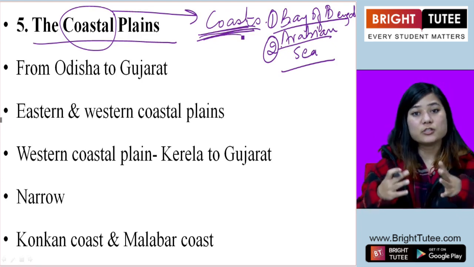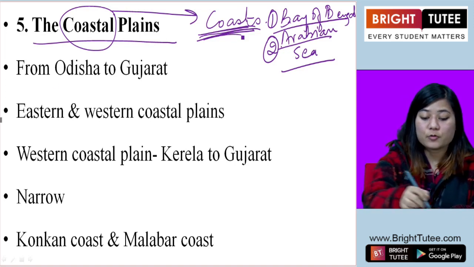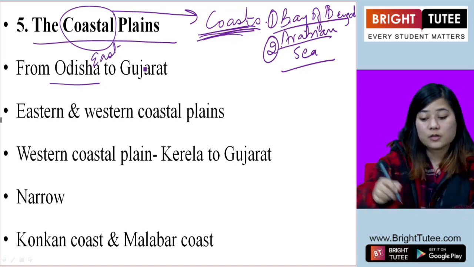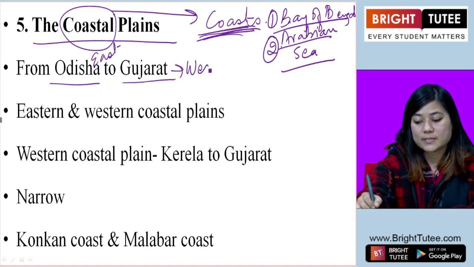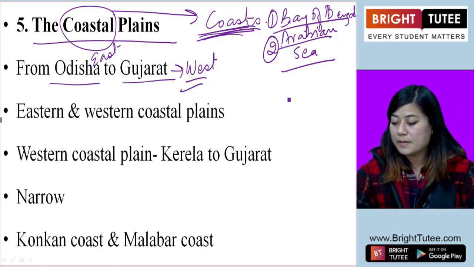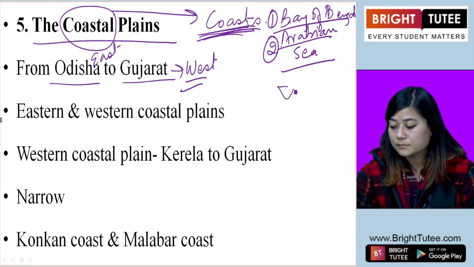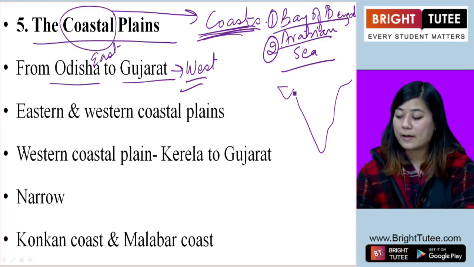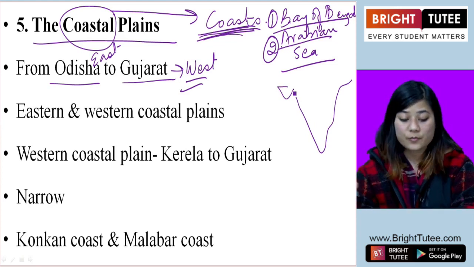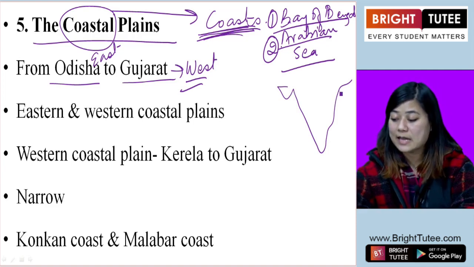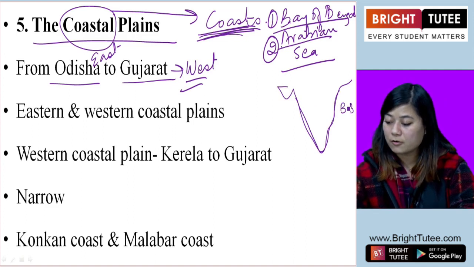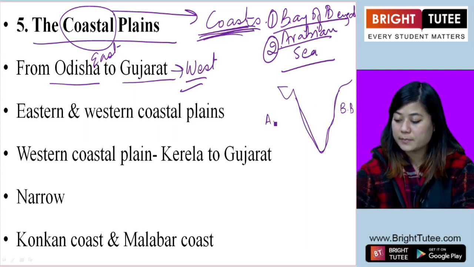So these coastal plains stretch from Orissa in the east to Gujarat in the west. So if you remember, if this is the map of the peninsular part of India, then we said that the coastal plains lie along the two water bodies. This is the Bay of Bengal and this here is the Arabian Sea.